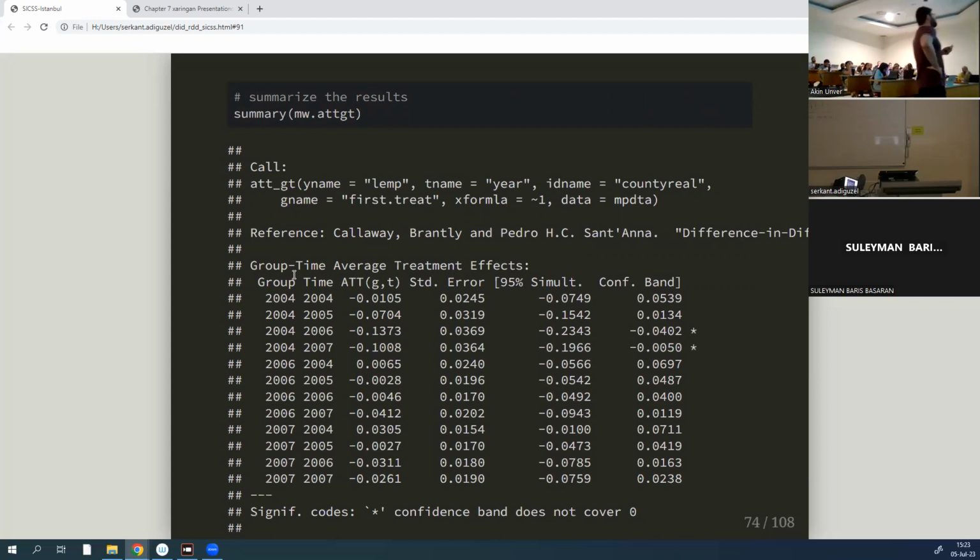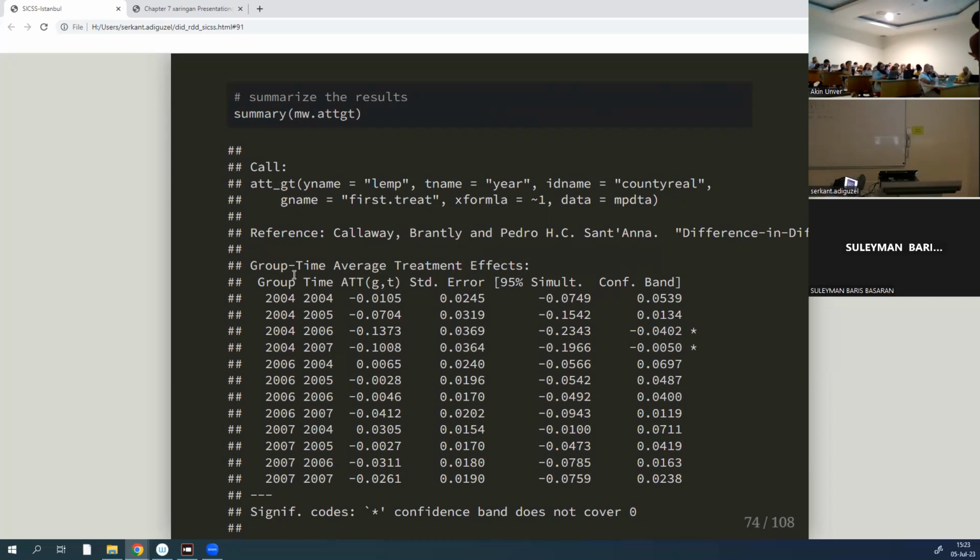So what is this? Look at 2004. The 2004 group is essentially the 100 counties that are treated in 2004, the counties that witnessed a minimum wage increase in 2004. You will have all these cohort-specific point estimates.